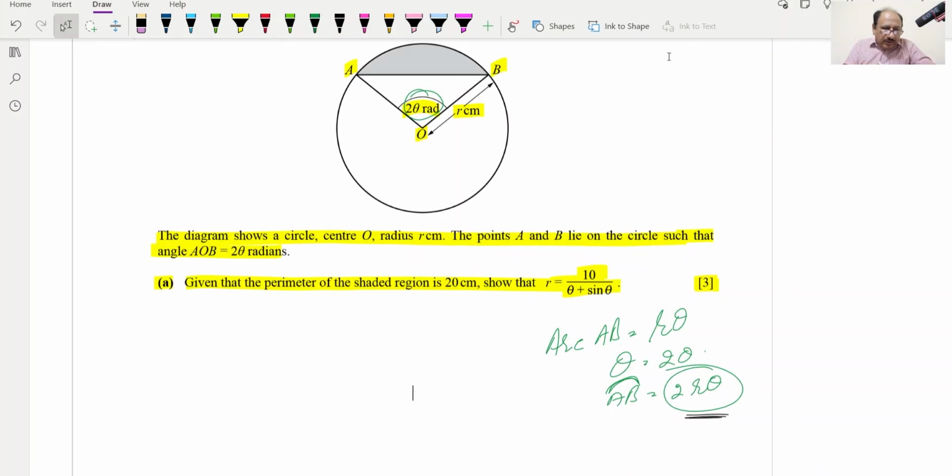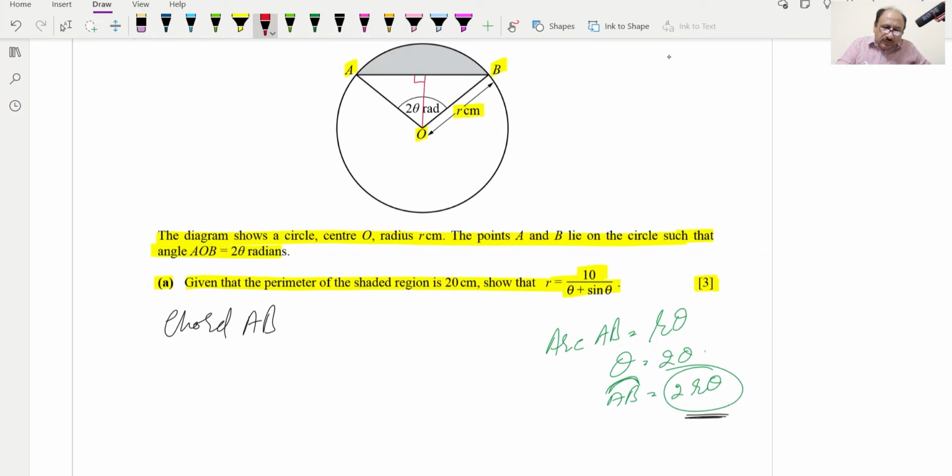For the chord AB, how will we calculate this? We can divide this, and this will be a right angle triangle.